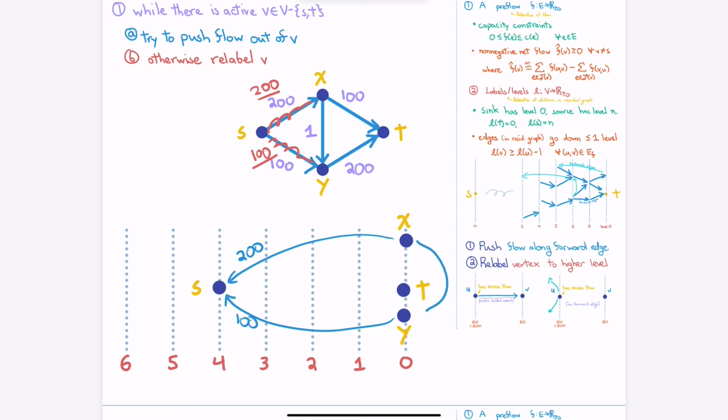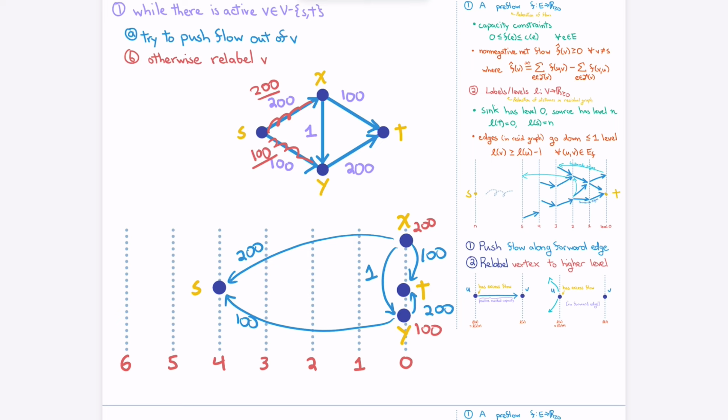I have an edge from X to Y, capacity 1. I have an edge from X to T of capacity 100, and an edge from Y to T of capacity 200, and Y has 100 extra units of flow. So that's our initial configuration.